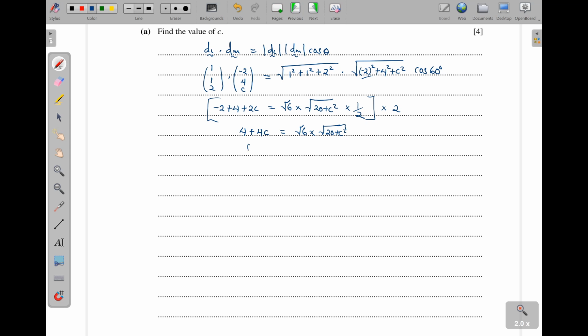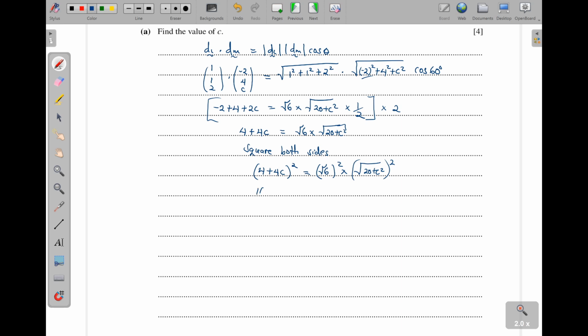Then I can square both sides. So I will have 4 plus 4c squared, it's not a plus, it's an equal sign. So we are going to have this is equal to this one squared, then times also this one here squared.